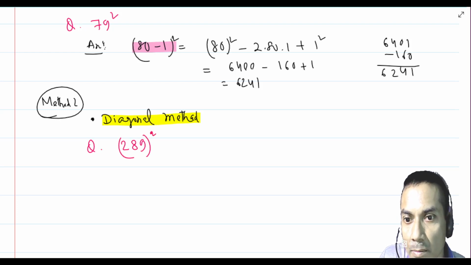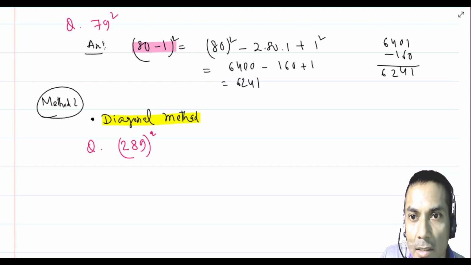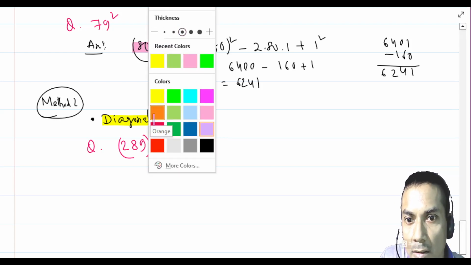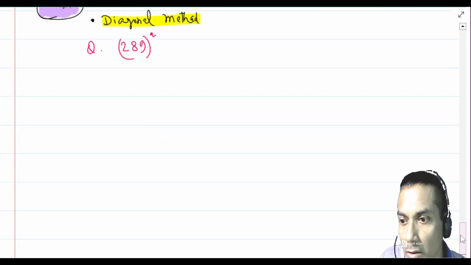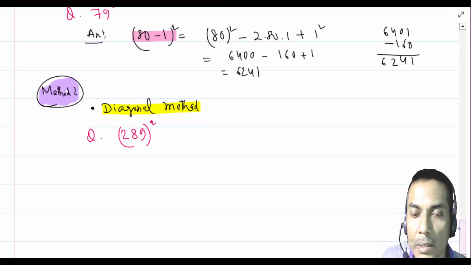You can't apply the first method here because it will not be easy. This problem can be solved by the diagonal method.